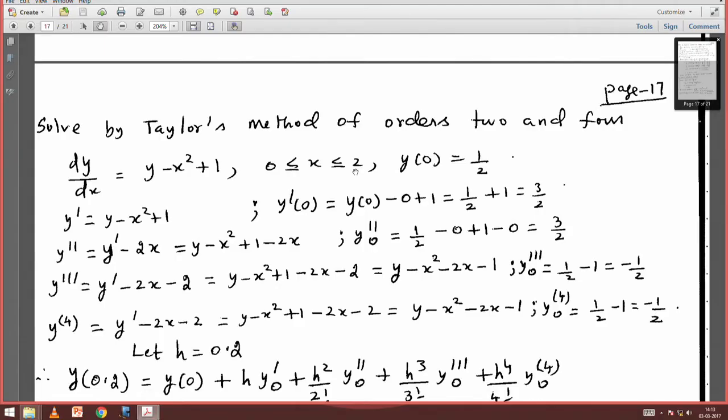And since at any time we march one step ahead to determine the solution of the initial value problem, we say that this method is a single step method. In addition, it is also an explicit method, because if we know the solution yi, then we compute the solution explicitly at the point xi plus 1. Namely, if we know the solution at xi, which is yi, then we compute the solution at the next point xi plus 1, which is yi plus 1.